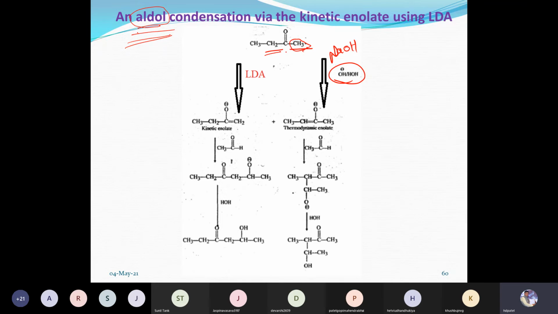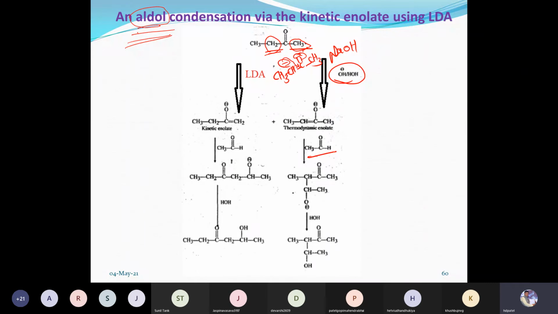So the strong base will react with this CH2, and as a result, first of all we will get CH3 CH minus C double bond O CH3. Then this electron will migrate to this position, and as a result we will get CH3 CH double bond C O minus and CH3.